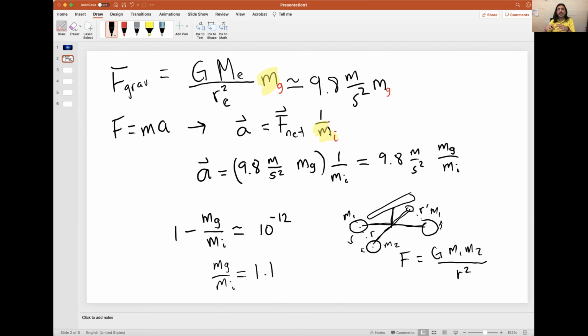So for instance, if I have something and I push it with a force, I'm going to get it accelerated, and the acceleration is going to be related to that inertial mass. Now, if you're on the surface of the earth, the force of gravity pulling you down is related to your gravitational mass.